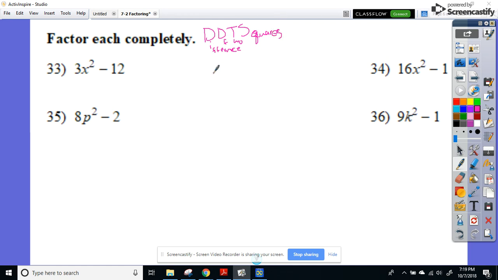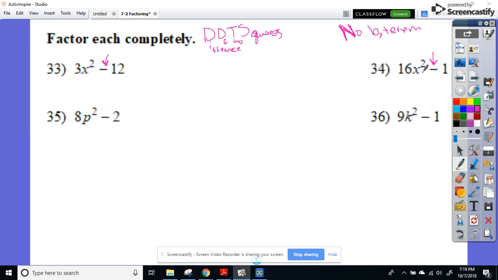DOTS. The difference of 2 squares. Well, actually, I need to do these two first. The difference. There's the minus sign. Perfect square, perfect square. Notice there is no B term, or no BX term.